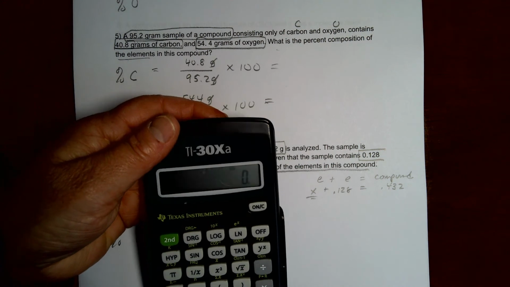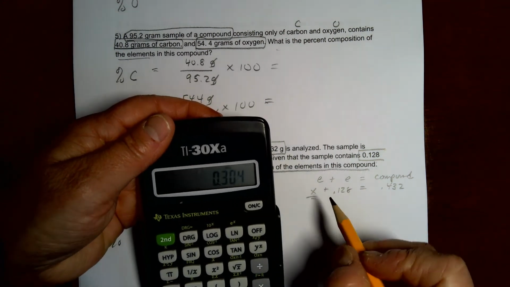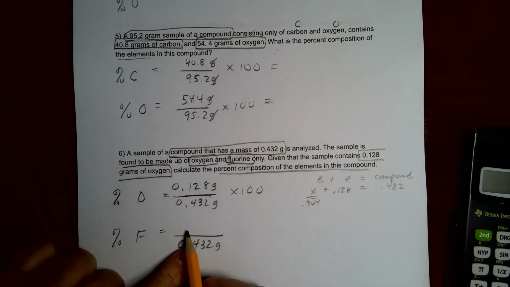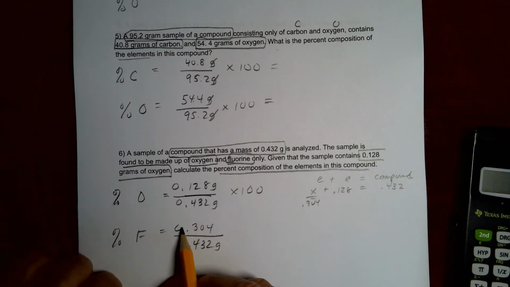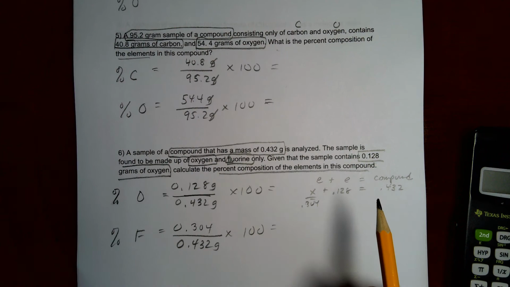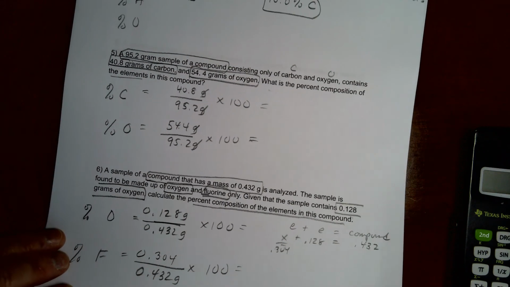So 0.432 minus 0.128. And so we know that this has to be 0.304. So that's going to be the mass of the fluorine, and that's how you would set that up. Okay. So I'm going to leave those answers for you to calculate, but that's the basic setup.